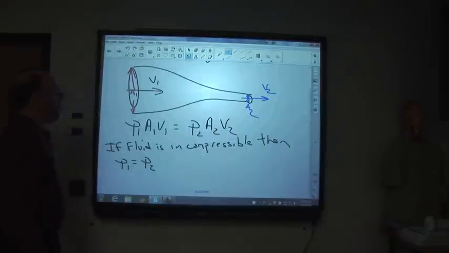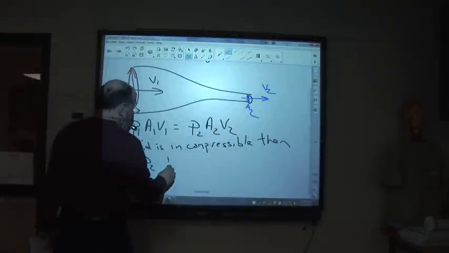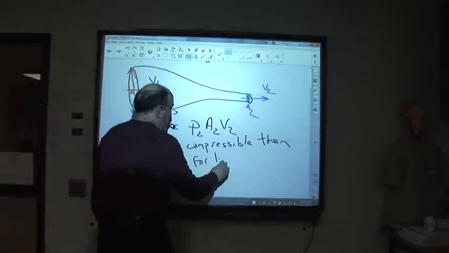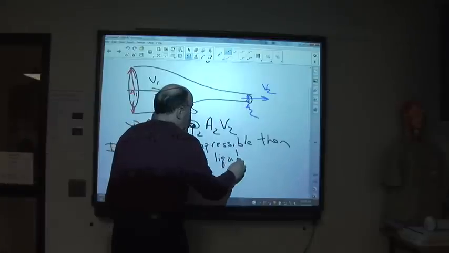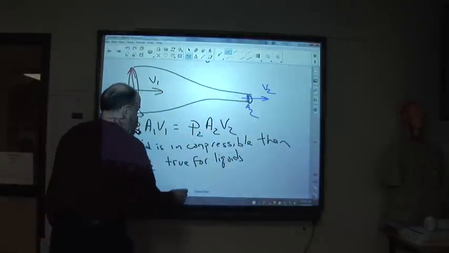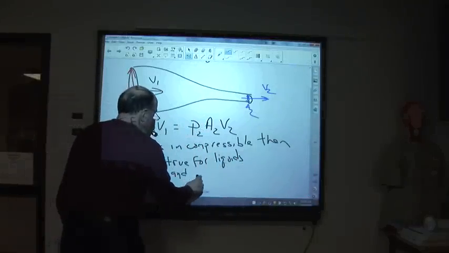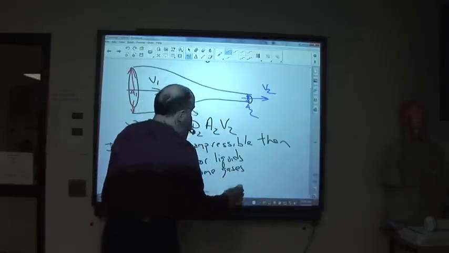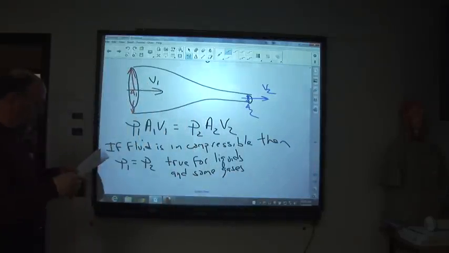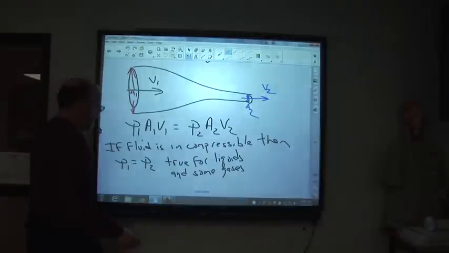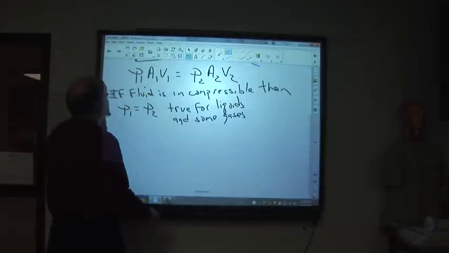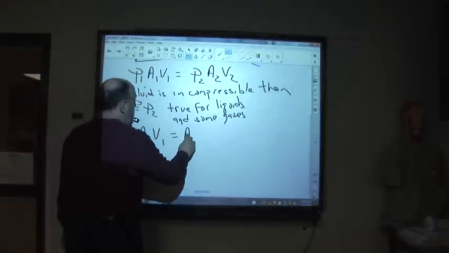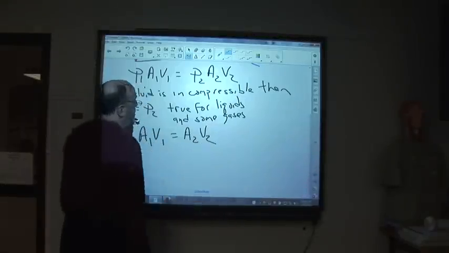And this will be true for most liquids and for some gases. So we have it in terms of that. So in that simple case, we get that A1 times V1 will equal A2 times V2. Okay.